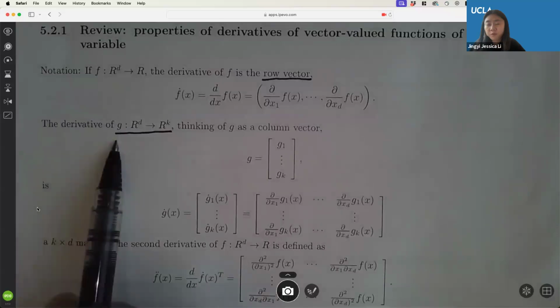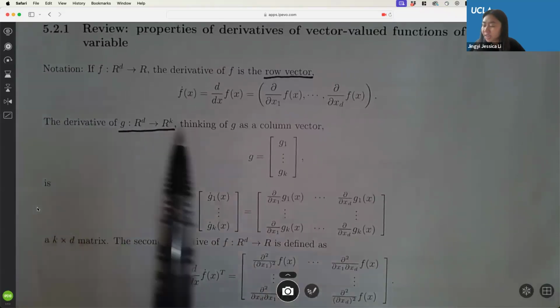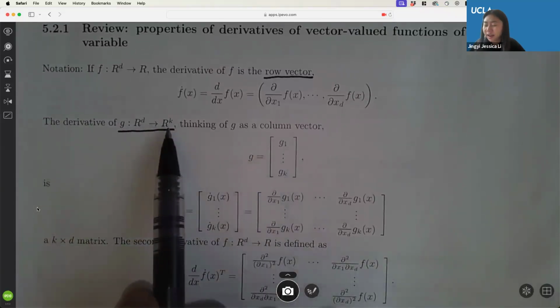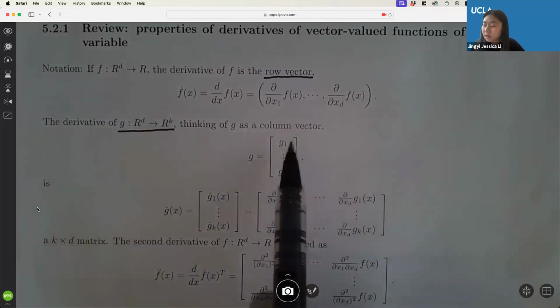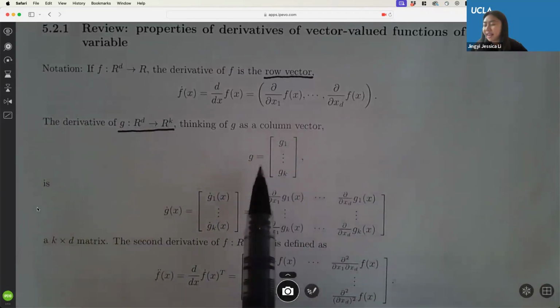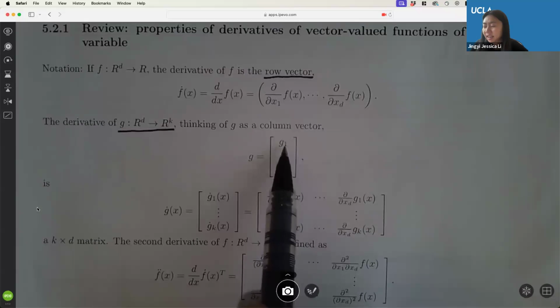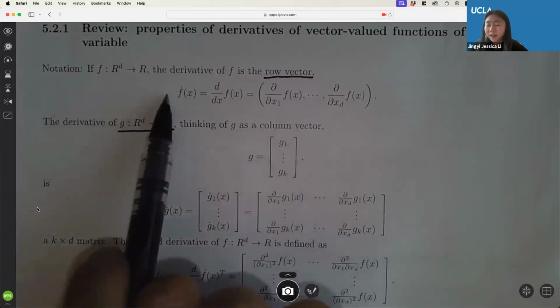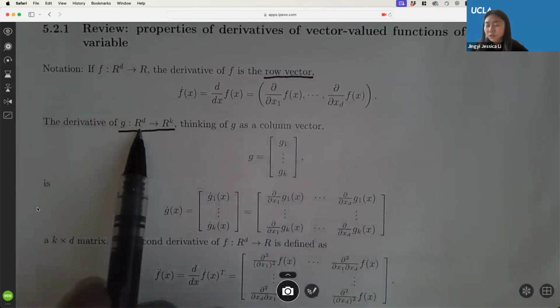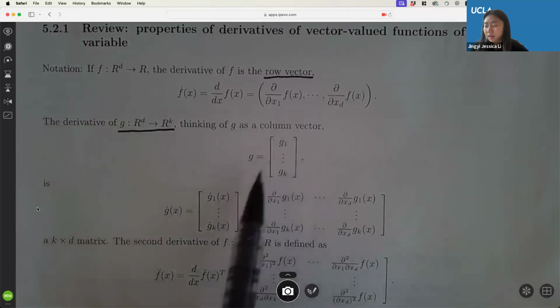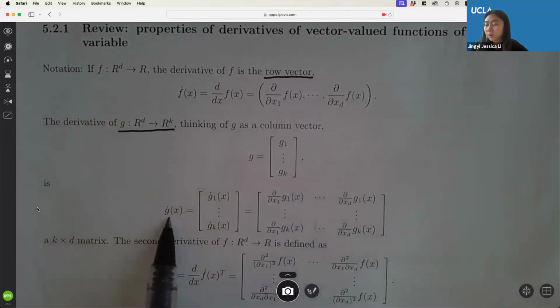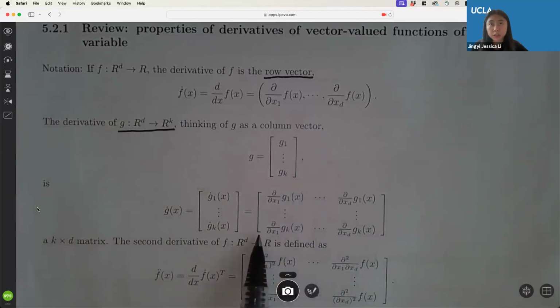Now, moving forward to g. G is a k-dimensional output function, so we can write the output of G as k dimensions, G1 to Gk. Each one is like f: it takes a d-dimensional vector and outputs a scalar. Therefore, when we say the derivative of G, it now becomes a matrix.